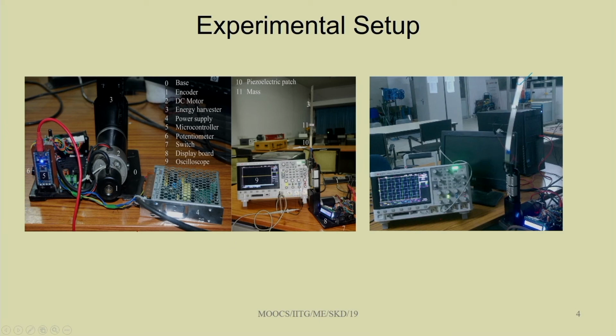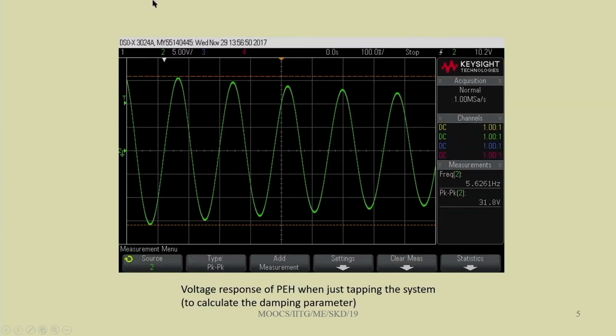When the shaker is given a force in the upward direction, the beam moves in the transverse direction, so the piezoelectric patch gets strained and due to that a voltage is generated. You can see this voltage on the oscilloscope. This type of oscillation is known as parametric oscillation in parametrically excited systems.